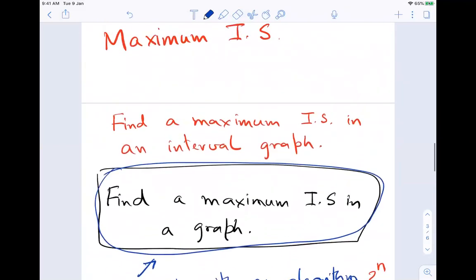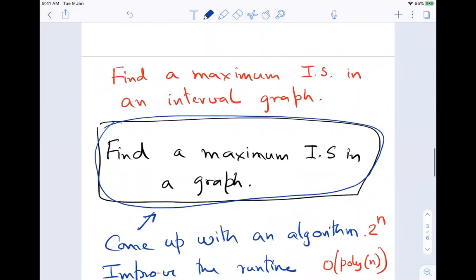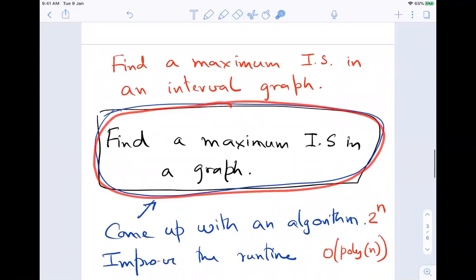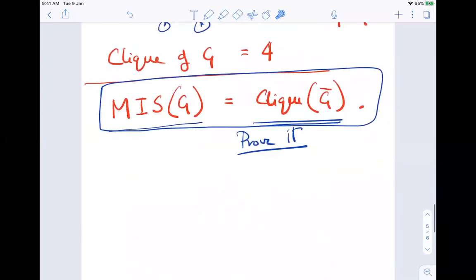Okay. So this question of finding a maximum independent set in a graph. Now, you can ask a similar question over here. Find the clique number or clique, or maximum clique.